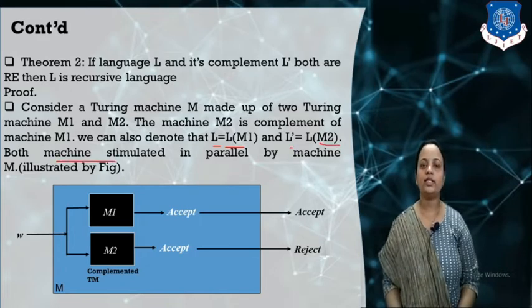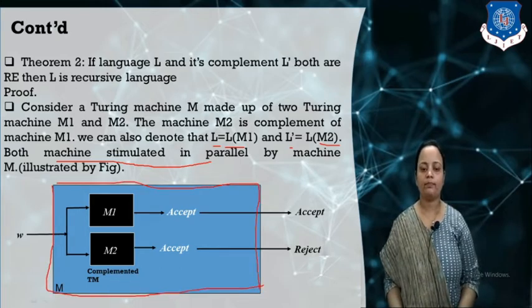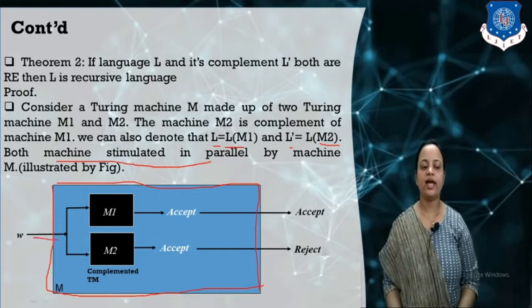Now you can see in this figure I have simulated these machines in parallel by machine M. I have constructed a machine M which simulates these two machines in parallel.